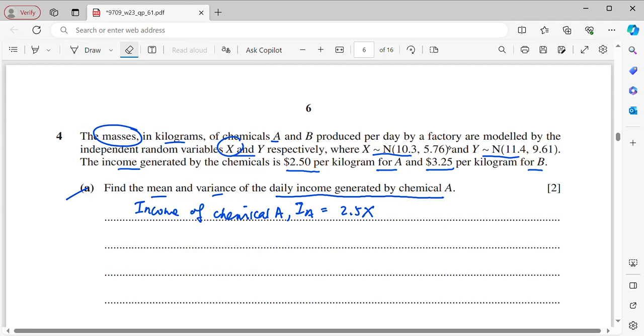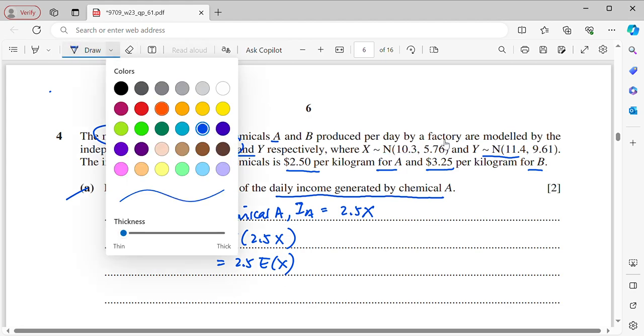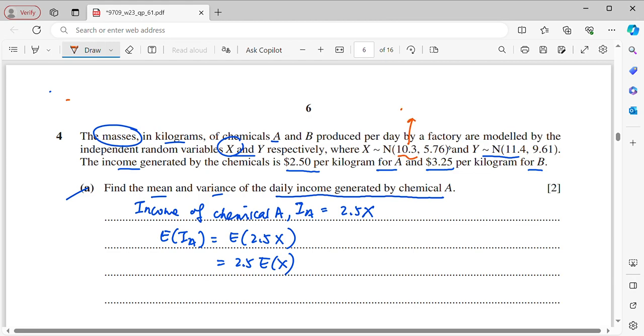So from here, what I need to do is find the E. So E of IA is basically E of 2.5X, which is 2.5 times expected X. So the X is here, right? This is a distribution, which means this is the expected X. Expected is basically the mean, and then this is the variance.